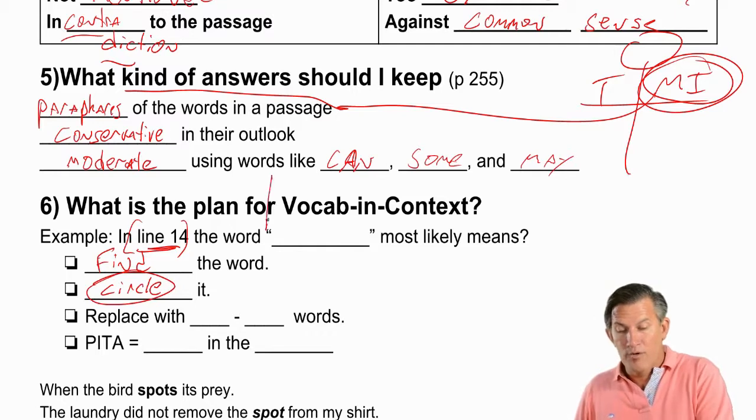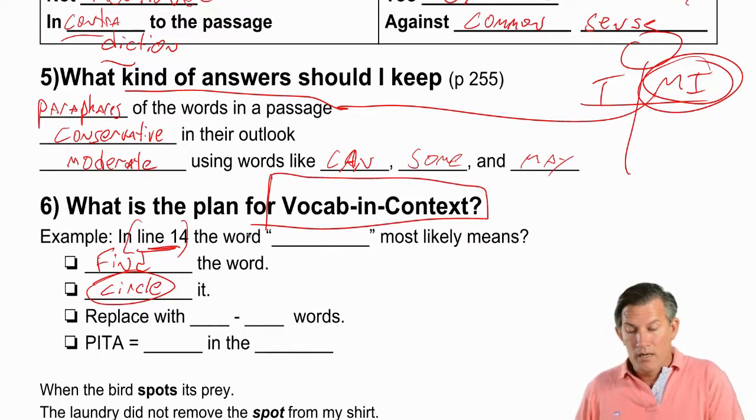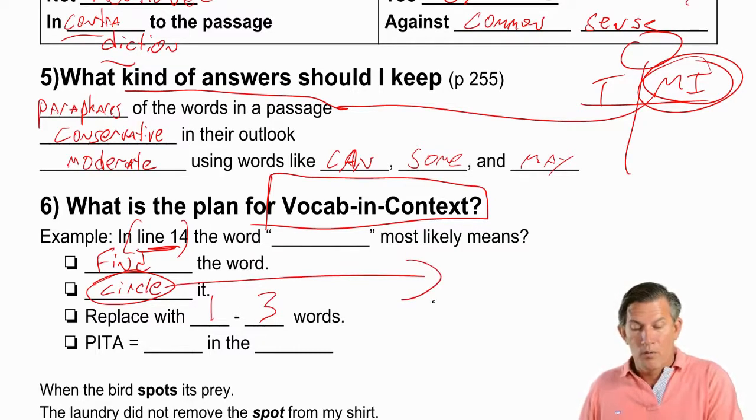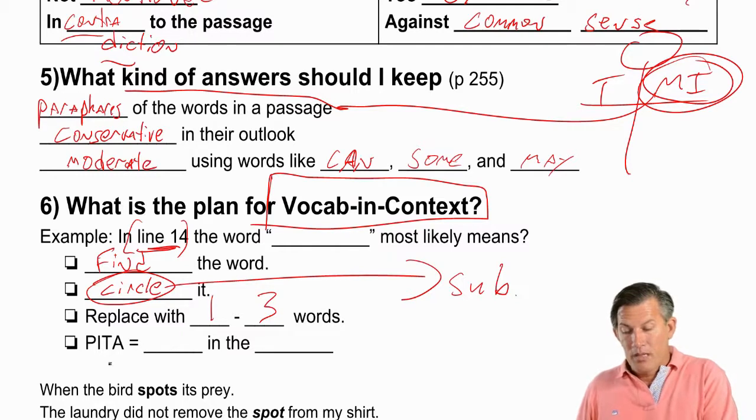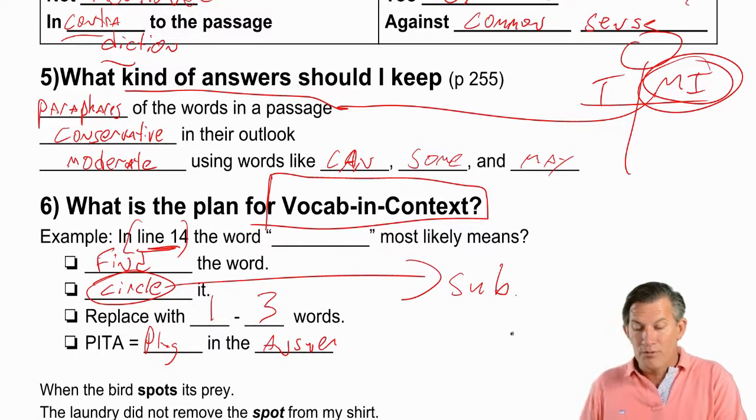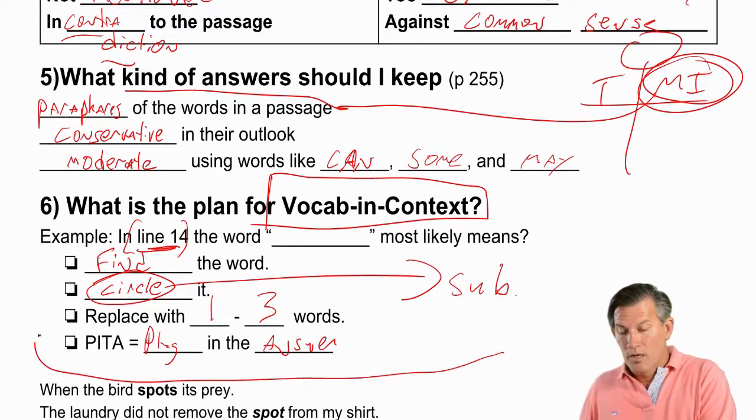This is called vocab in context. Then I want you to replace it with how many words? 1 to 3. Circle it and replace it with 1 to 3 words, a substitute word. Then you're going to plug in the answer choices, A through D or A through E, back into the passage.